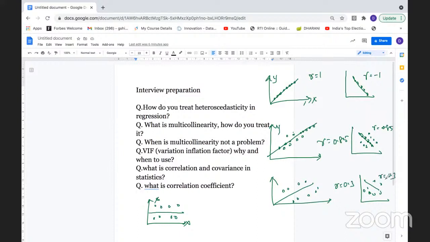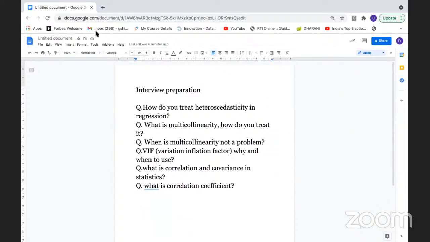Now, this is what the correlation coefficient is about. It helps us determine the strength of the relationship between two variables and other types.